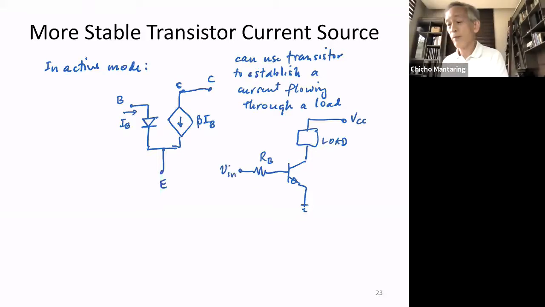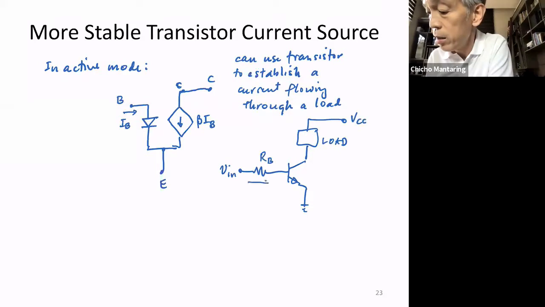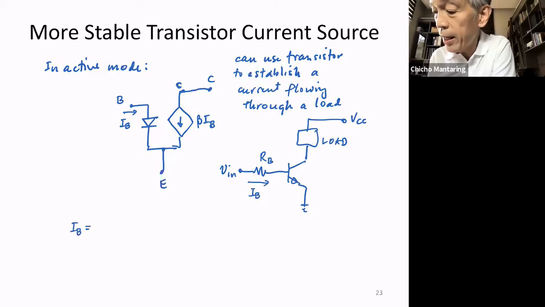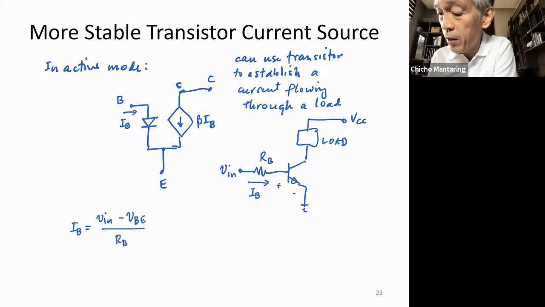What is IB? We already said it was VI minus VBE, divided by RB. What is the value of VBE? Can somebody shout it out to me, assuming this is a silicon transistor?